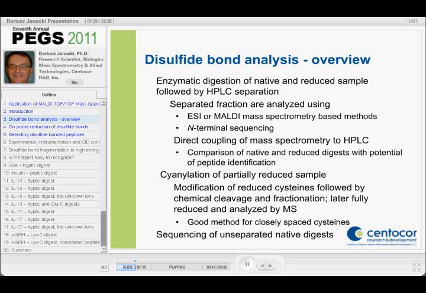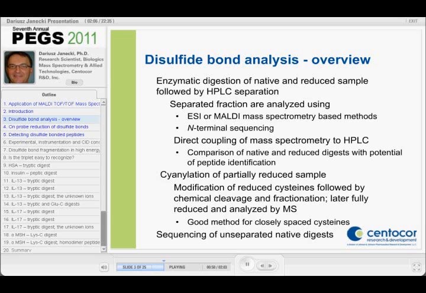Then we take the separated fractions and analyze either using electrospray or MALDI, and sometimes, 10 years ago, and I think even still now, some people use N-terminal sequencing for identifying what came out from those specific fractions. You can also directly couple the mass spectrometer to HPLC, use electrospray, and once again, they compare the native and the reduced digests of the potentially disulfide bonded peptide.